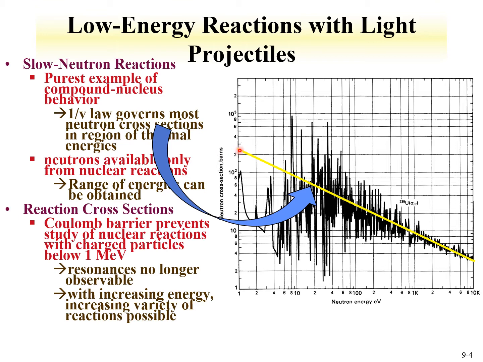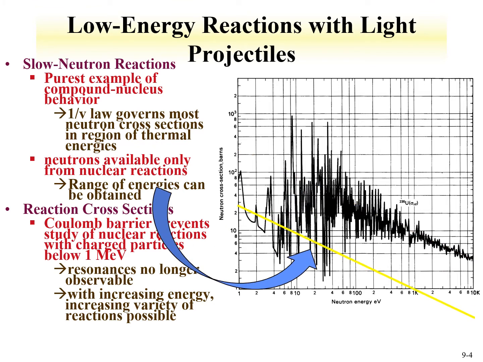So we tend to see a decrease in the cross-section with an increase in the neutron energy. The neutrons that are available for these reactions can only come from nuclear reactions. Therefore, a range of neutron energies can be obtained since these neutrons are being produced fundamentally in the fission of a nucleus.